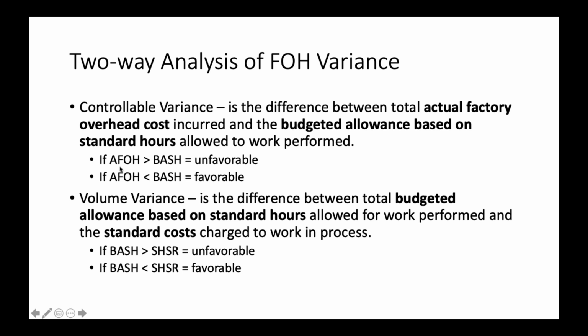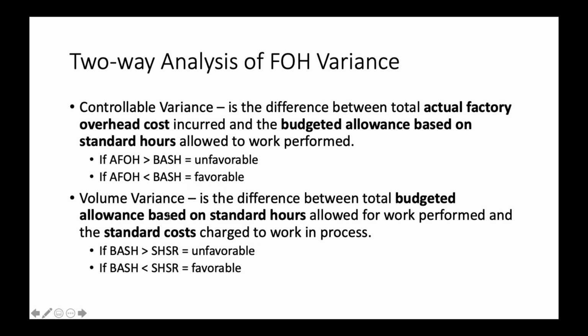So if AFO is greater than BASH, that's unfavorable, simply because actual cost is higher than the BASH. So AFO less than BASH is favorable.